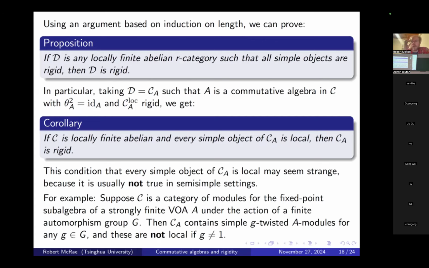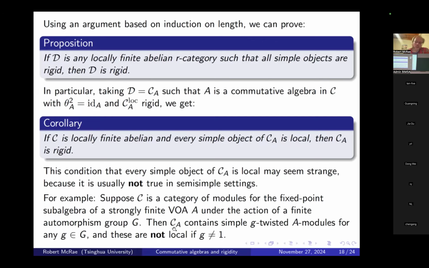One situation you might be familiar with, here I think about it in VOA terms, is where I have a vertex operator algebra, and I have a finite automorphism group, and I look at the fixed points under this automorphism group. Or if you want to think about this more categorically, that means you start with a category C which contains a copy of rep G, and then you do this de-equivariantization, and you get an algebra object A. And so you can consider CA, which will be a braided G-crossed monoidal category.